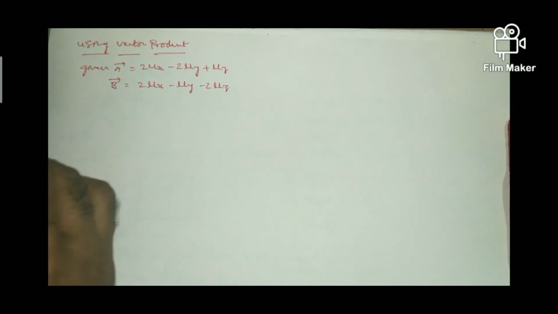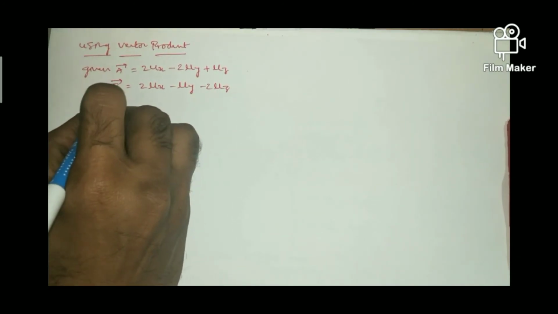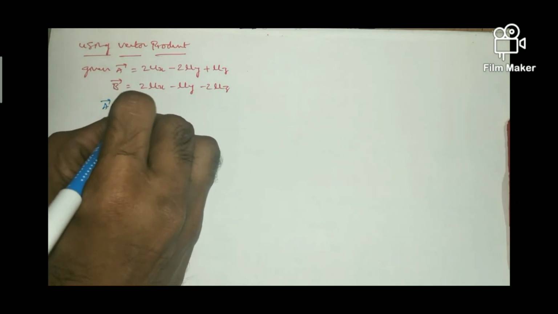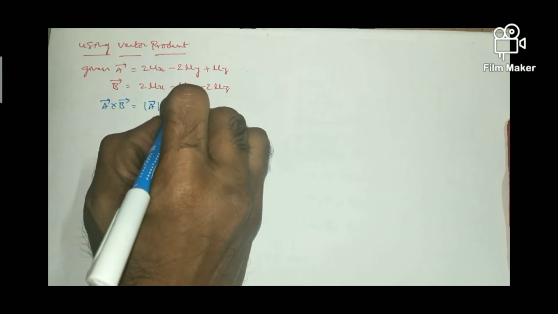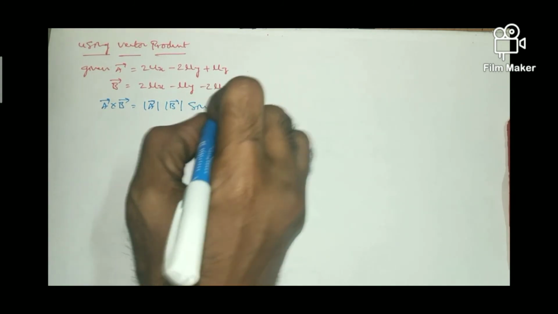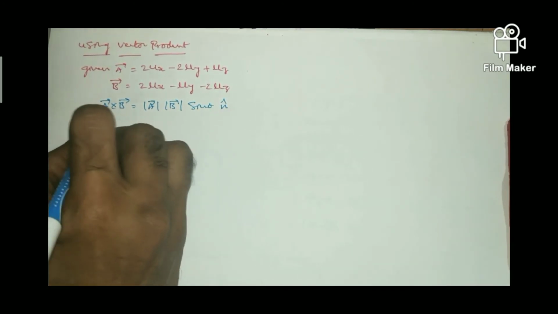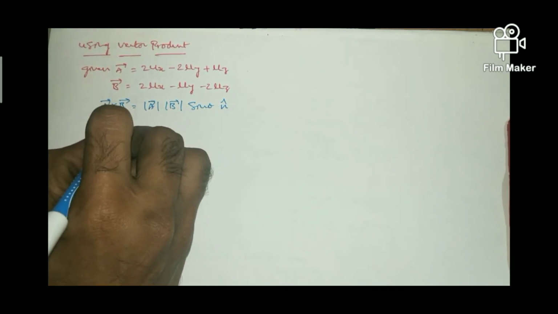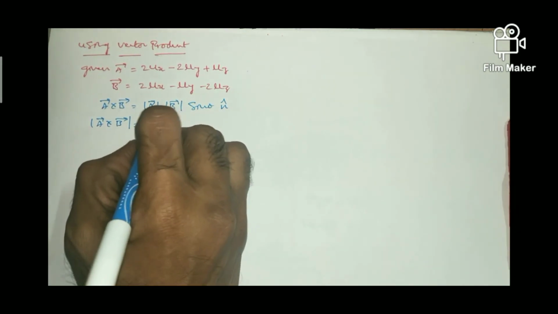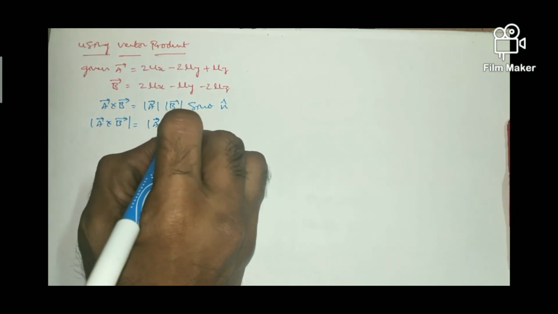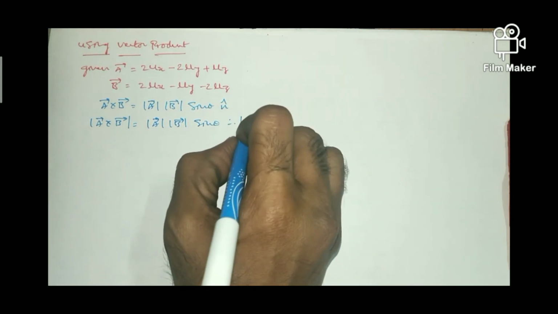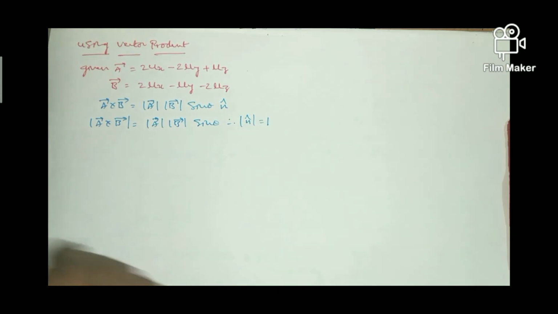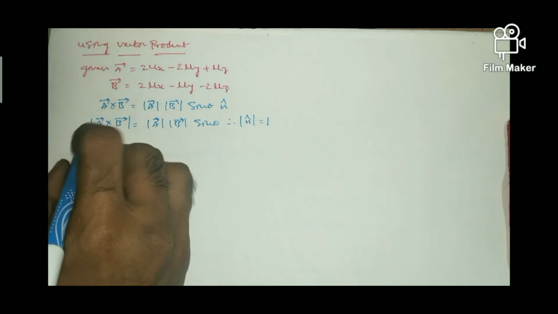Once again I am writing down these two vectors here, and we know that a bar cross b bar is equal to modulus of a bar into modulus of b bar into sine of the angle between the two vectors, I am considering it as theta here, into n cap. N cap is the unit vector. Now consider only the magnitude of a bar cross b bar. We get mod a mod b sine theta, because the magnitude of n cap will be equal to 1.